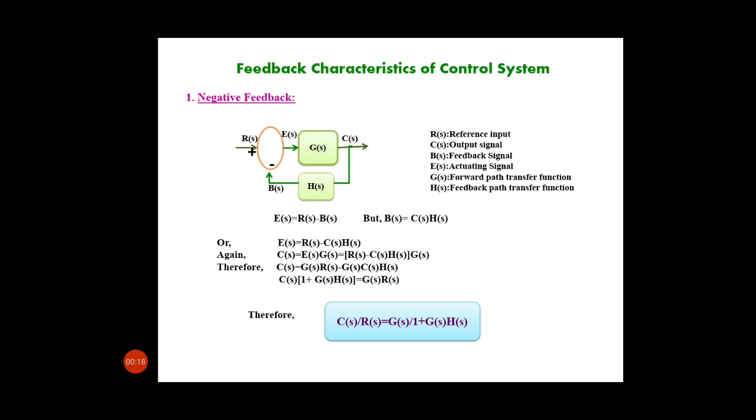In this lecture, I will discuss negative feedback and positive feedback: what is negative feedback and what is positive feedback, how we can derive the transfer function of negative and positive feedback, and how feedback affects the parameters of a control system, like gain, sensitivity, stability, etc. So let's start today's lecture.